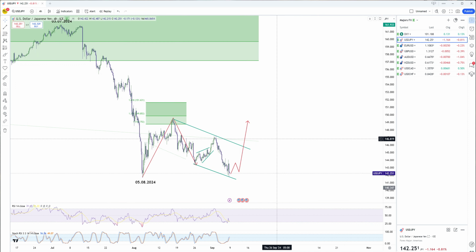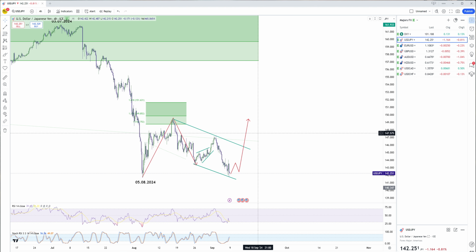For the dollar yen, we have got last week after this push to the upside another move to the downside. So the market is generally correcting sideways to lower after this low from the 5th of August. So from here, we are expecting within the beginning of the week to create some sort of floor for the market to make this push to the upside in the coming days of the week.